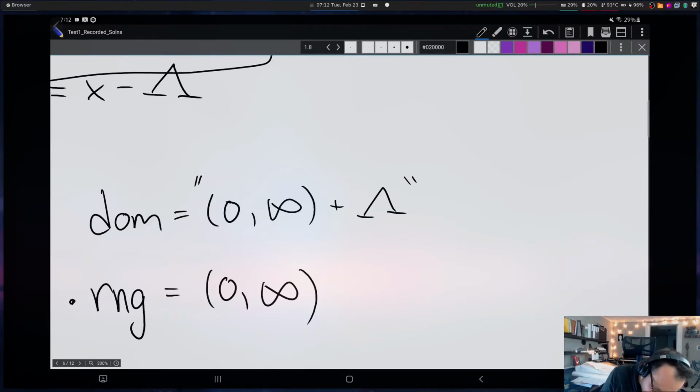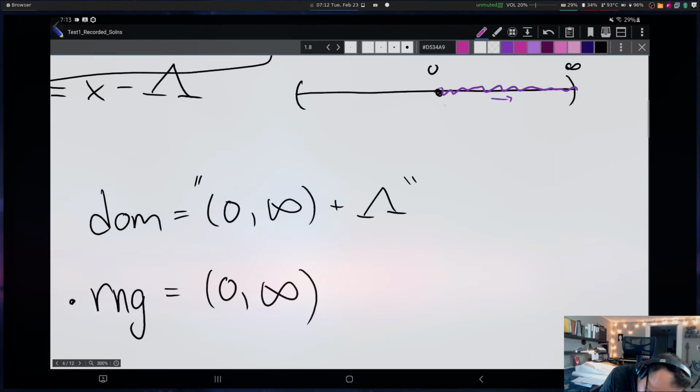And what does this actually mean? This means that you take this whole interval. There's 0, there's infinity. This was my original interval. And you shift it over to this new interval. So here, maybe let's draw lambda in both of these number lines. There's lambda.